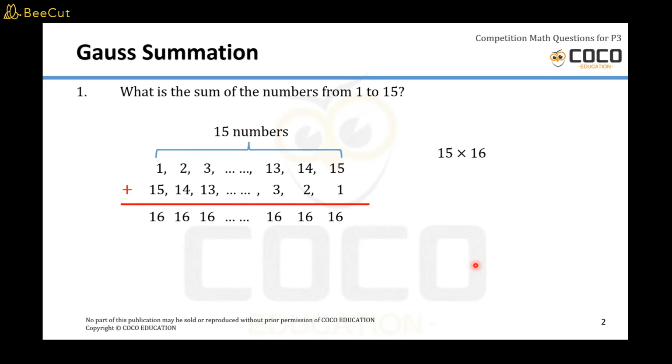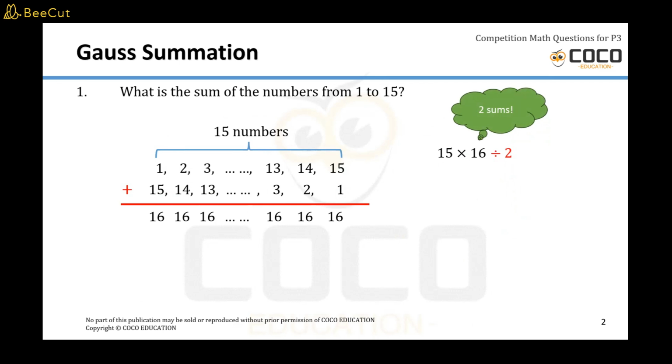The answer is no. Why? Because what we are doing here is adding two sums. One is from 1 to 15, another one is from 15 to 1. So we have two sums here. After we do the multiplication, we need to find only one sum. So we need to remember to divide it by 2.